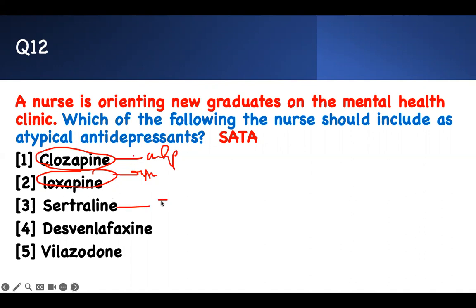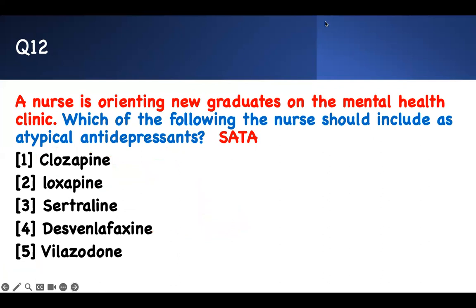This is an SSRI, it's not an atypical antidepressant. And this is an SNRI, not an atypical antidepressant. The only thing that is atypical is the one like nefazodone we saw, or trazodone. They are in the same group. This is an atypical antidepressant. Just to make you comfortable, you get used to them so that when you see them, you don't say, oh, I've never seen this medication before.